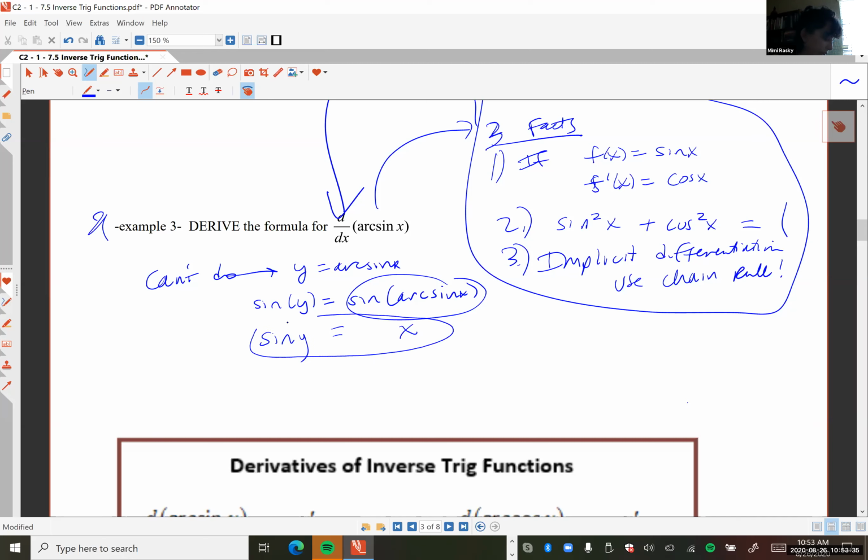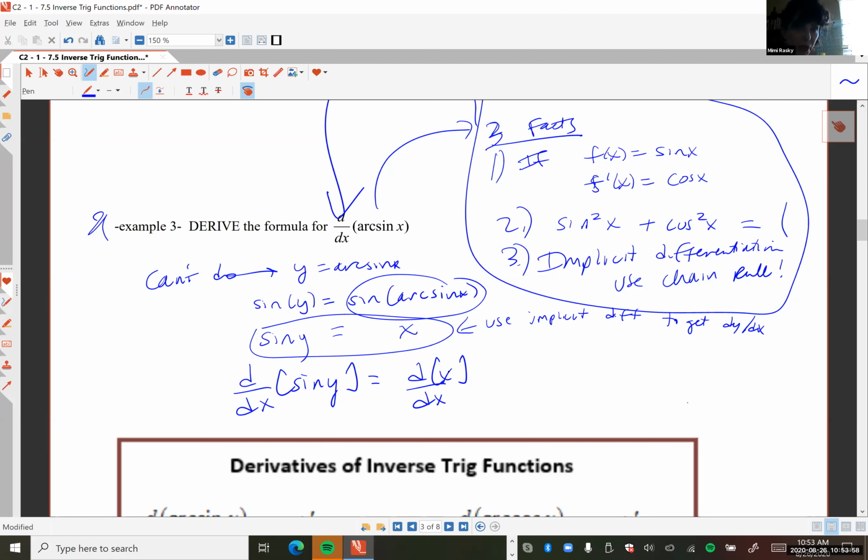Now we're going to work with this equation and use implicit differentiation, which is a Calc 1 technique, to get dy dx. Let's see if you can follow this and you remember any of your Calc 1 material. You're going to take d dx of both sides of this equation, keeping in mind that anytime we differentiate the y with respect to x, we have to use a chain rule.